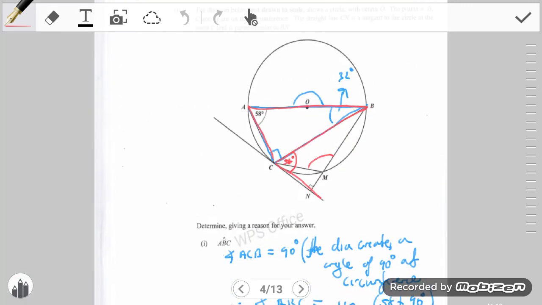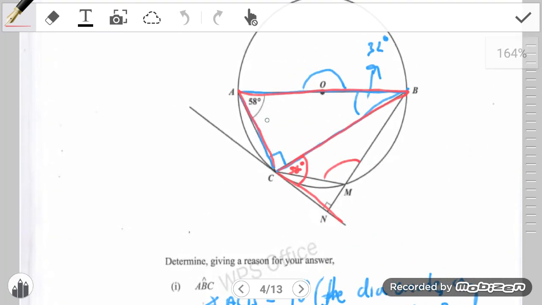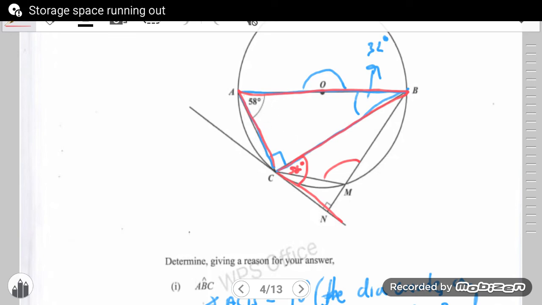Okay, and I've already demonstrated how we got the 58 and why they're equal, because the chord CB and the tangent CN create an angle here, and the chord CB creates an angle up here, which is 58, so they are both equal.